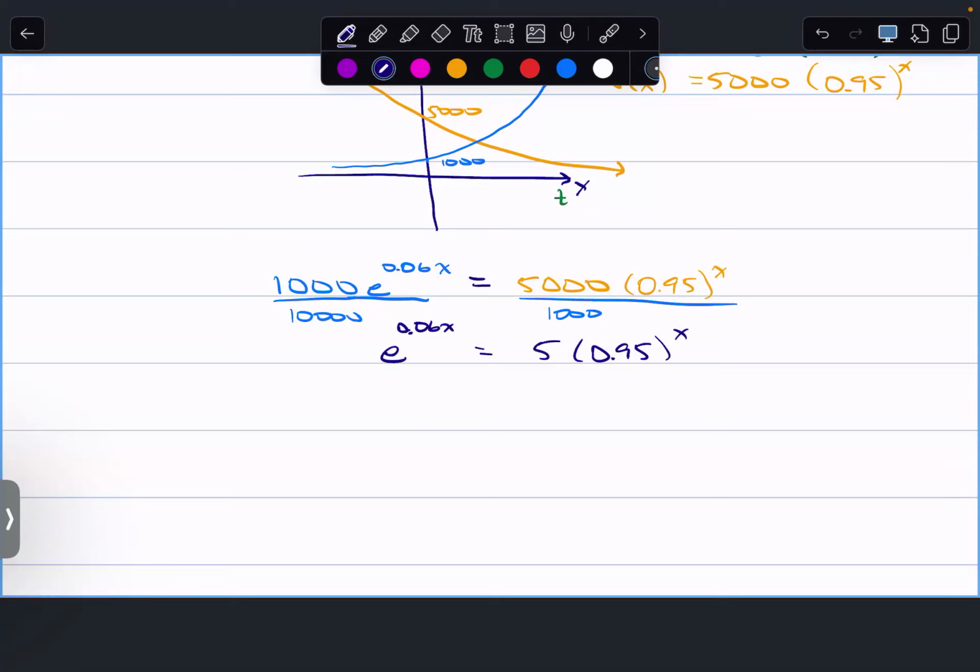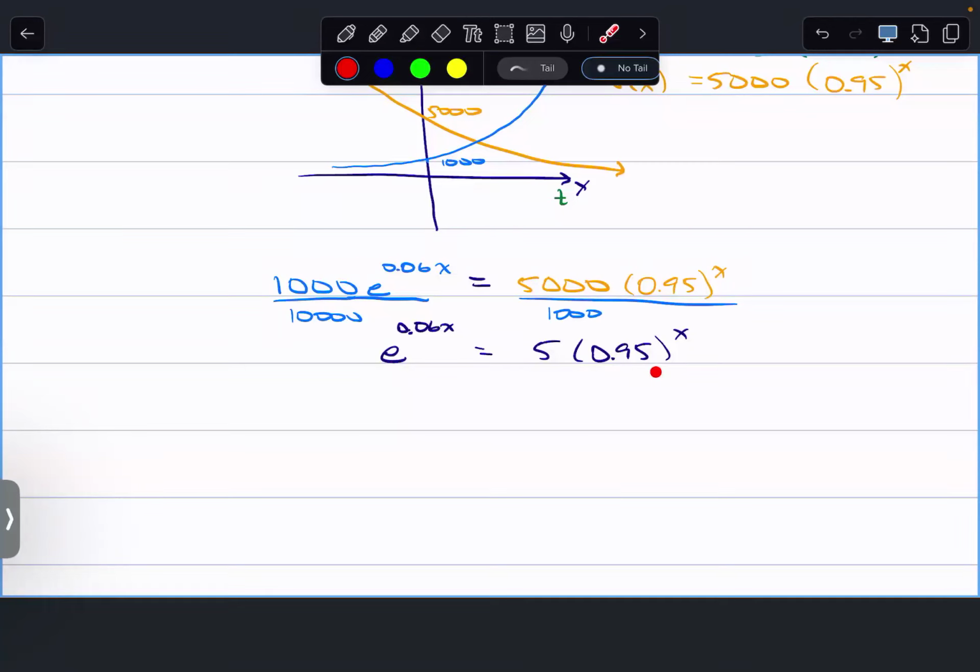I've got two options for my base because at this point, I can't get rid of this 5, but I do have those log laws that I can use to separate these two out later. So I could use log base e, which is what I'm going to do. Or you could use log base 0.95, it just doesn't have the same ring to it.